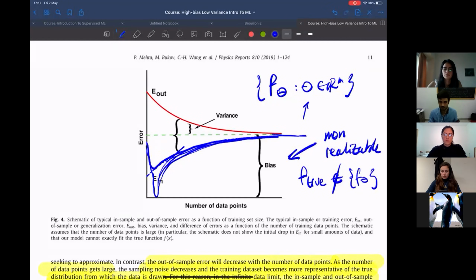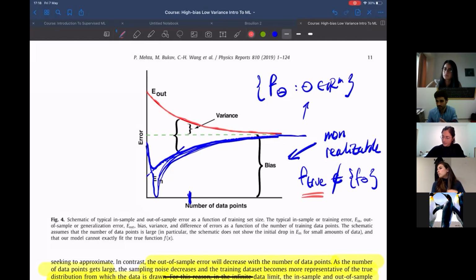And at the same time, if you were to plot the prediction error that you would obtain on the test set according to your model for a given number of data points in the training data, and you increase the number of data points, you would see the test error would decrease, okay? Because of course, as you are given more and more training data, you are better and better at generalizing because you are capturing more and more features of the true rule that connects inputs to outputs, okay?